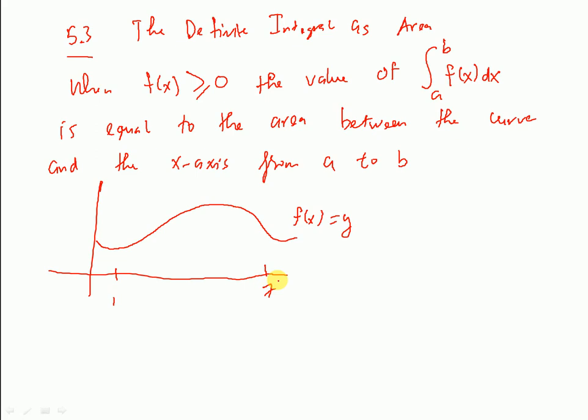Okay, 1 to 7. Now if we estimate the value of this definite integral from 1 to 7 of f of x dx, that means we are trying to find the area under the curve from 1 to 7.